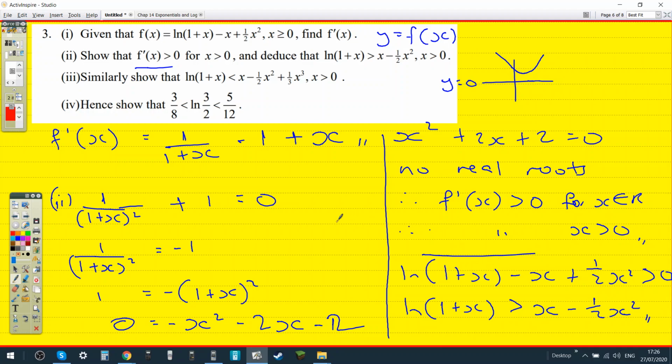Okay, question 3. What? Where did they randomly get a third x cubed? Well, the derivative of it is x. No, it's x squared. Let's see. Show that this... There's nowhere that has x cubed.